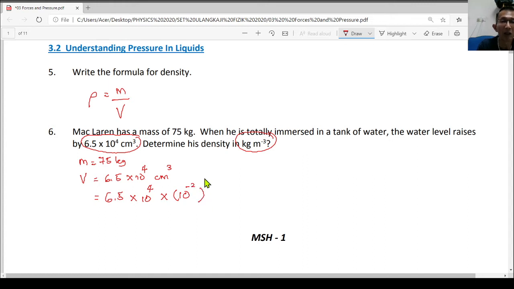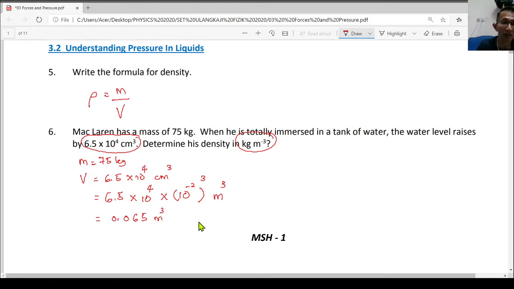But I must take it to the power of 3, and at the back here I have meter cube. If you do this conversion correctly, you should be able to get 0.065 cubic meter.